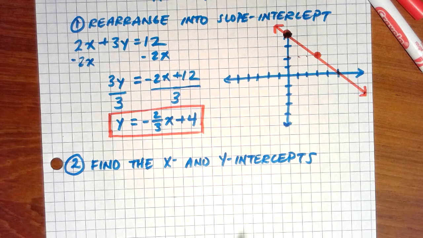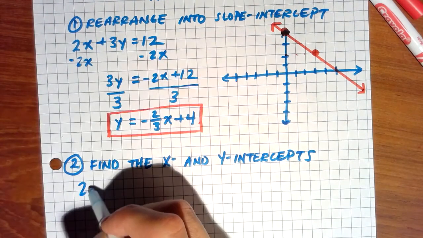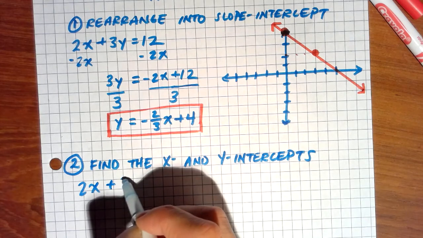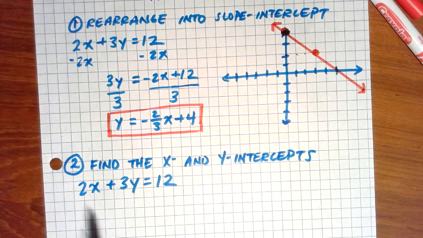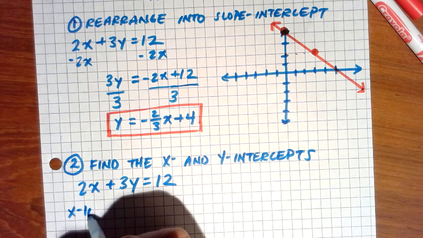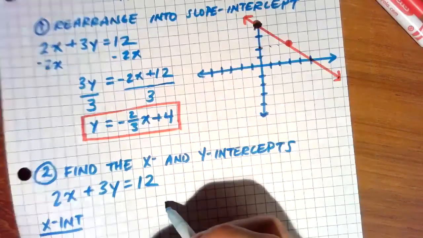Let's do that. We're going to use the same standard form equation that we had before. 2x plus 3y is equal to 12. And we're going to find the x-intercept and the y-intercept.